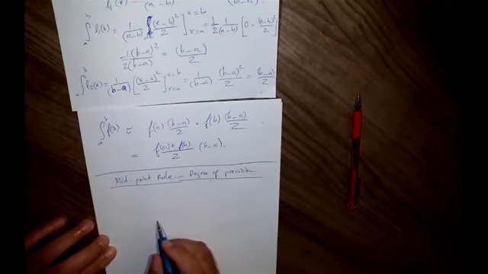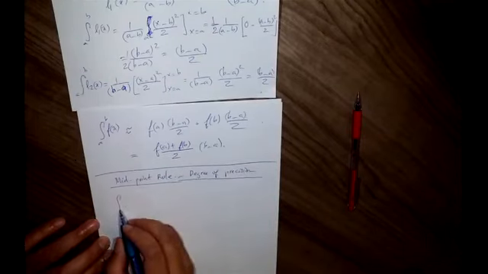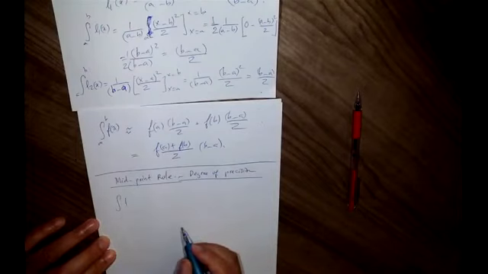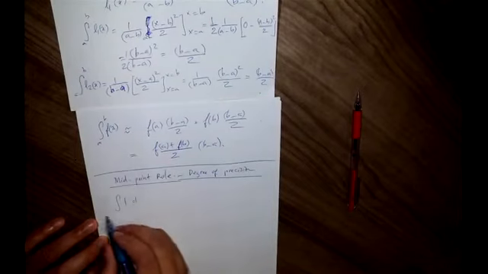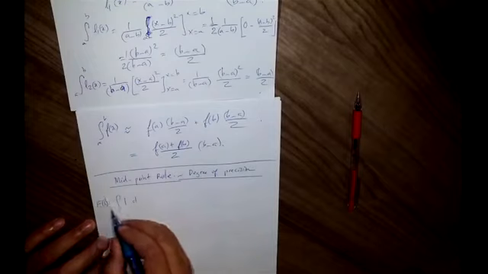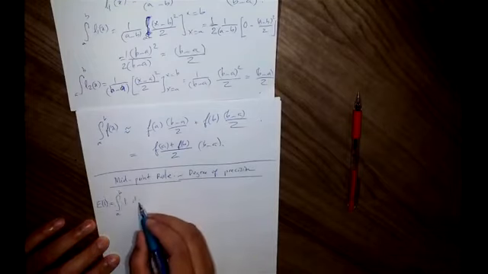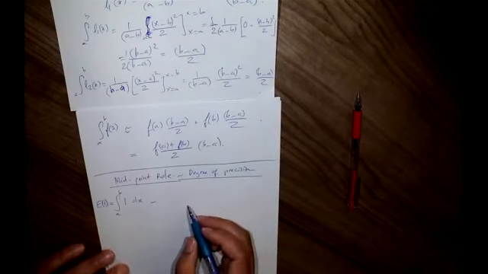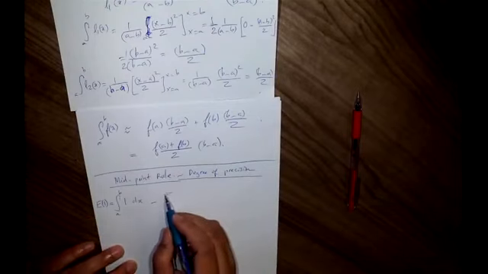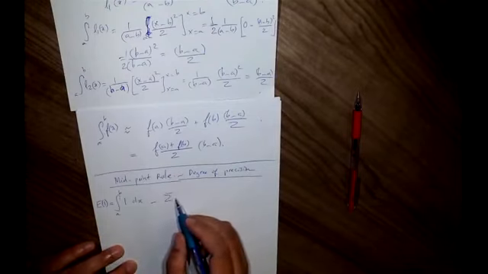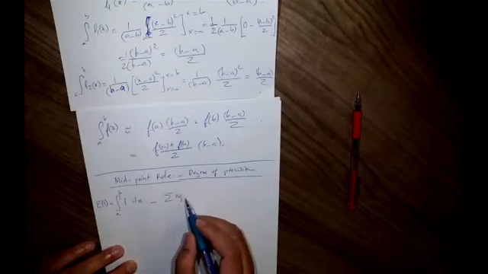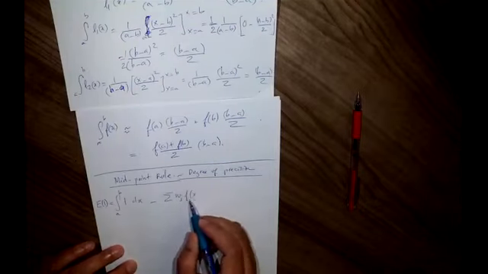So you have the integral of 1 from a to b, which is E of 1, minus the quadrature of 1.